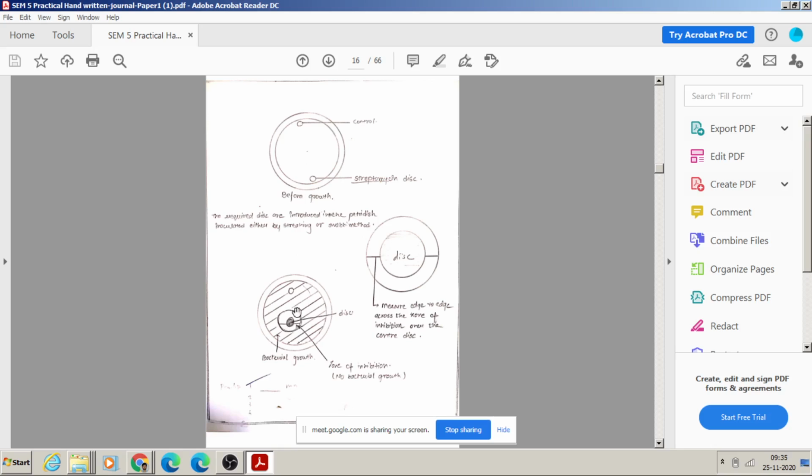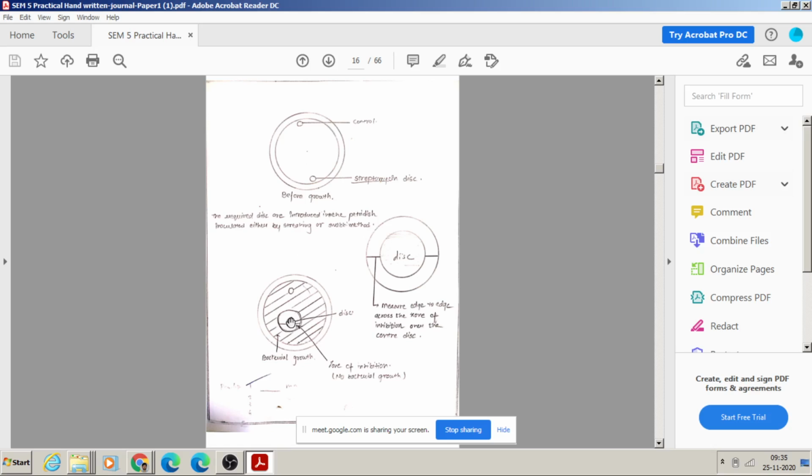After a few days of inoculation, the microorganism present on the surface starts to grow. If it is a fungus, it starts to grow anywhere it is present, but as the antimicrobial compound is present, the microorganism cannot reach the central part of the disc or close to the disc.